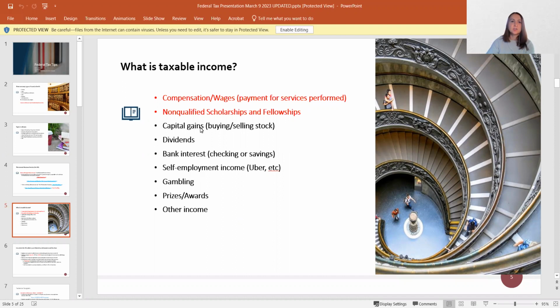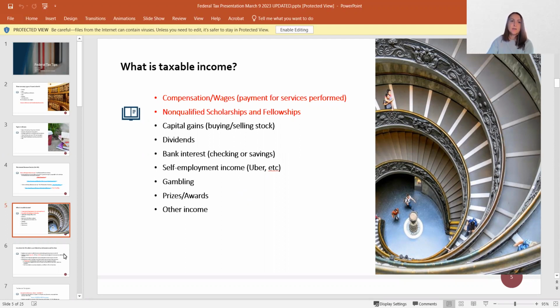And there is a bunch of other income that you may not be exposed to yet, but maybe you will be in the future, such as capital gains if you sell stocks, dividends, bank interest, self-employment income, say you started to work for Uber or Lyft, some gambling and prizes and awards. Pretty much everything that you get is getting taxed.